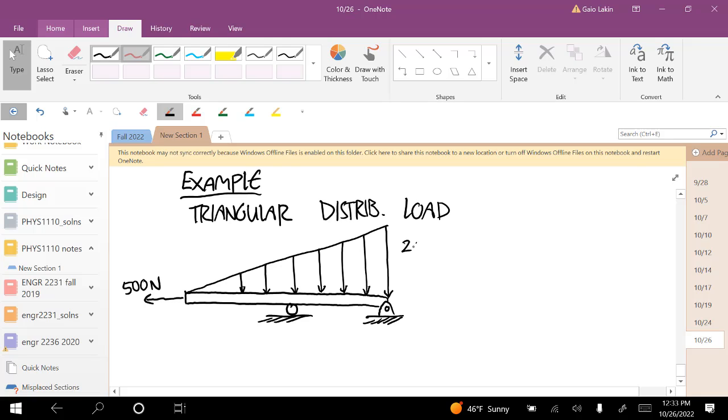Let's say that the magnitude of it is 2,000 newtons per meter. And I'll say each one of these is 1.5 meters, so the whole thing is 3 meters.